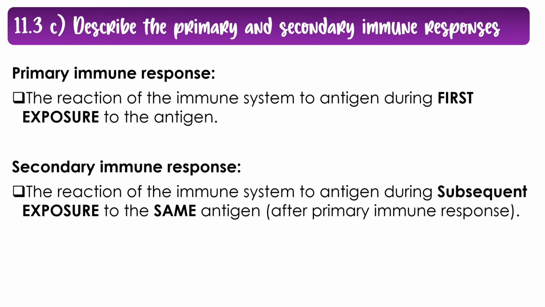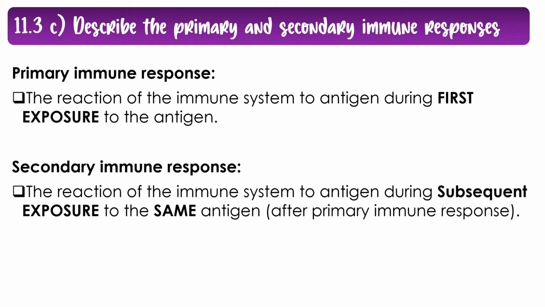Next, we will look at the characteristics of the immune response during the first time a person is exposed to the antigen in comparison to the subsequent encounter with the same antigen. These are what we call primary and secondary immune response. The primary immune response is the reaction of the immune system during first exposure to the antigen.